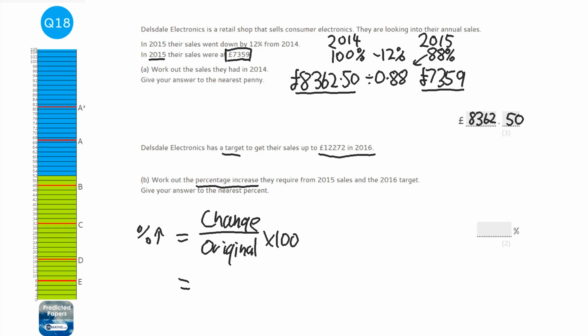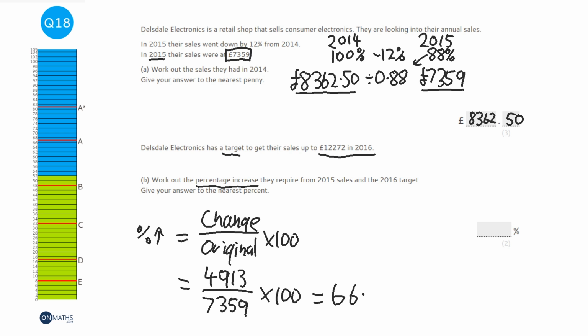So they're looking for it to change by 4,913. The original was 7,359, and we need to times by 100. So I'm going to divide that by 7,359, times it by 100. And that gives me 66.7617 and so on. That's to the nearest percent, so it's going to be 67%.